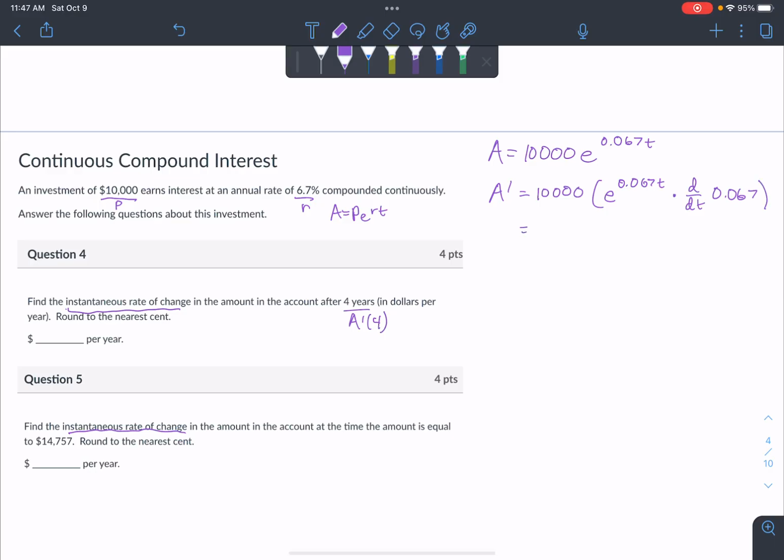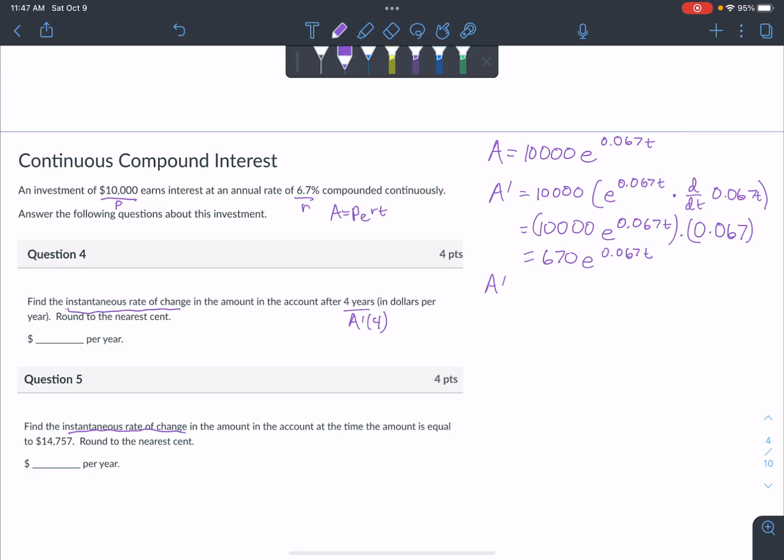So if we simplify a little, e^(0.067t) times the derivative of 0.067t, which is just 0.067. This is being multiplied by this. And we can further simplify it to 670e raised to the 0.067t.